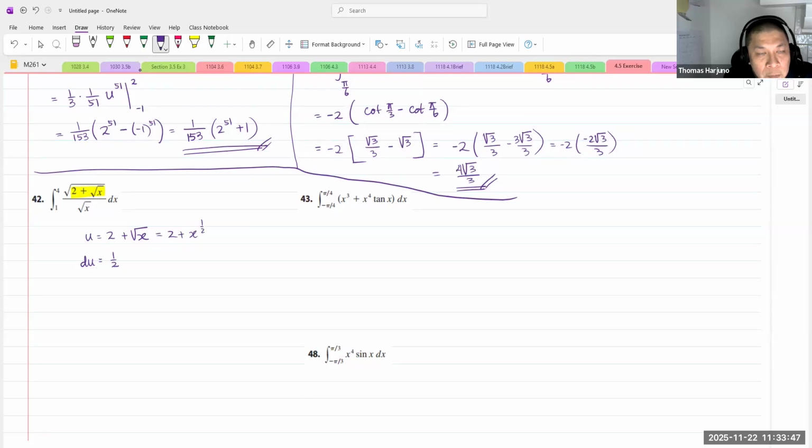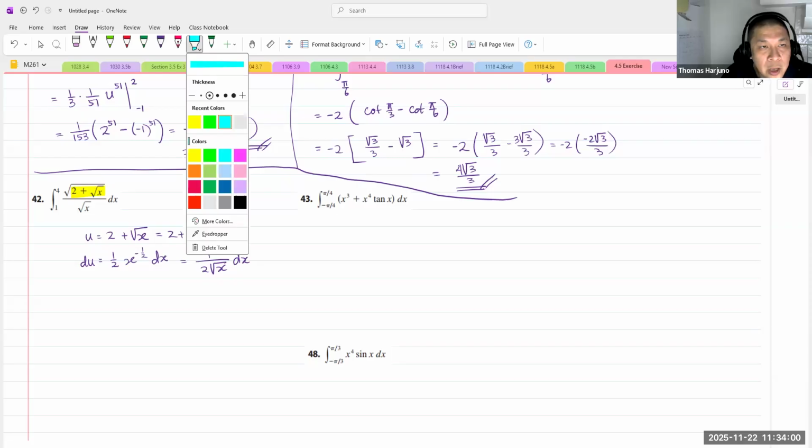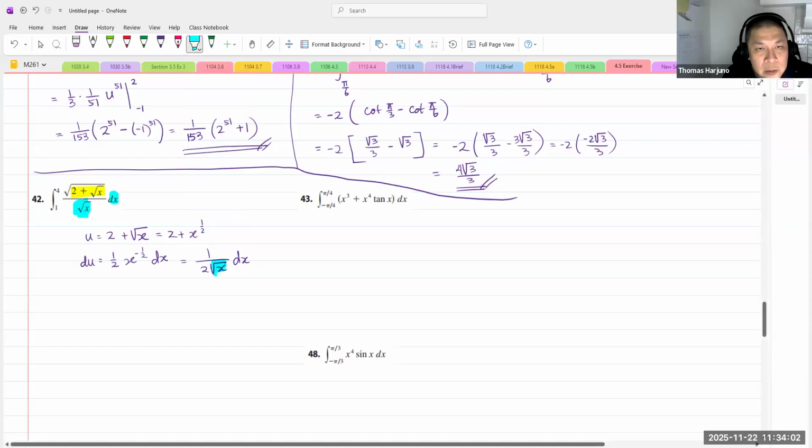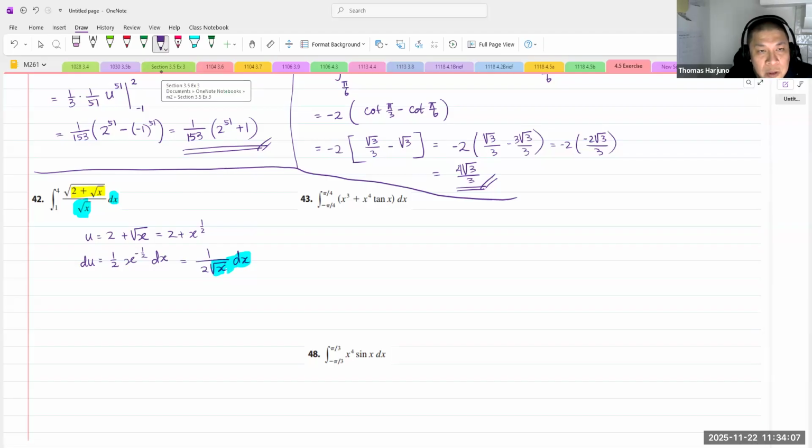So that will be 1/2 x to the negative 1/2 dx, which is 1/2 square root of x dx. Notice that that's what we have here. Okay. In other words, I can now rewrite 2 du as dx over square root of x.